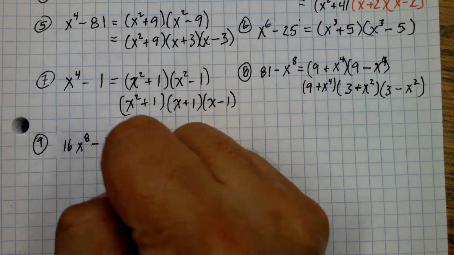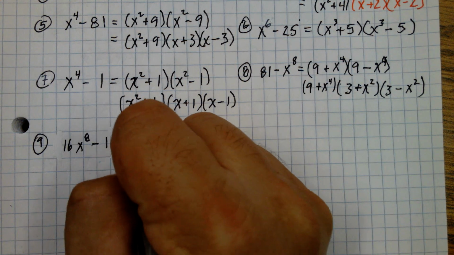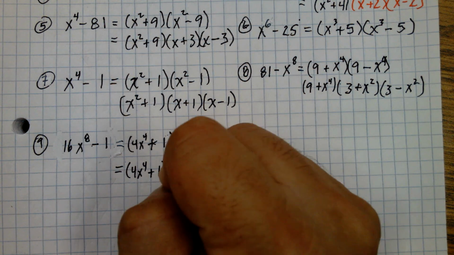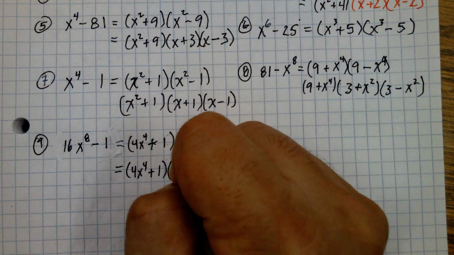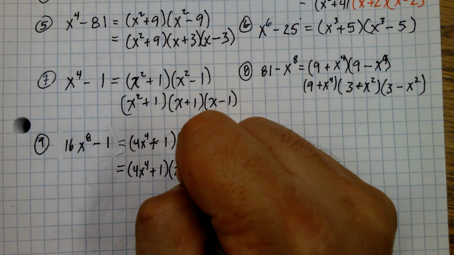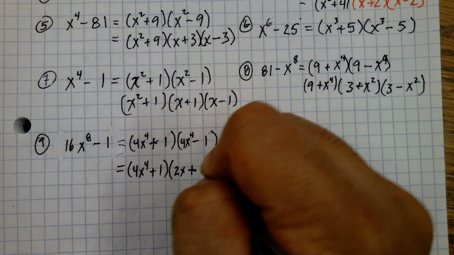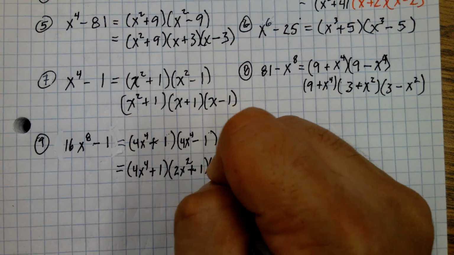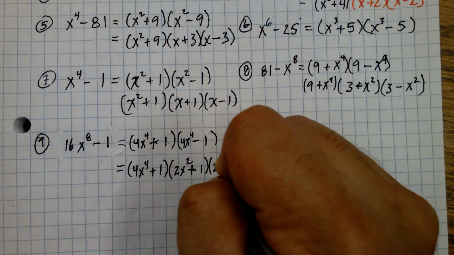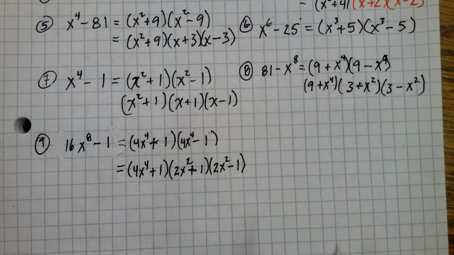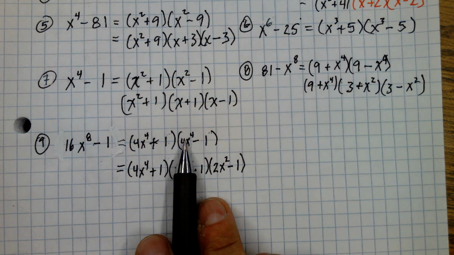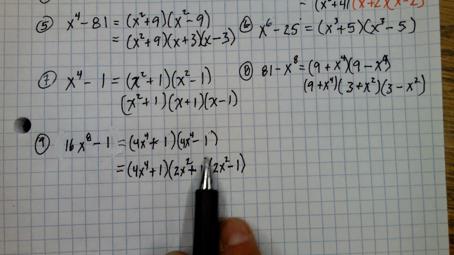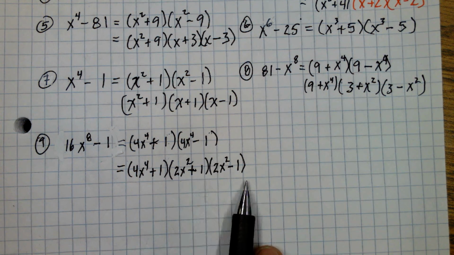So 4x to the 4th plus 1, and then we have 2x minus, or plus 1, let's make it plus. Oh, it's squared too, sorry. So 4x to the 4th square root is 2x squared, so there it is. 1, its square root is 1.